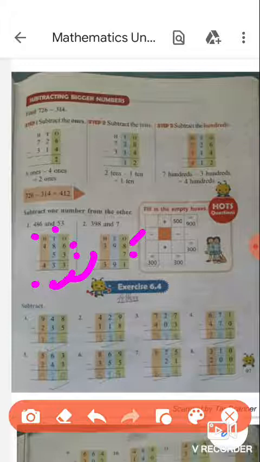When we subtract 7 ones from 8 ones, we get 1. Okay. Now in tens place, there is only 9 tens. So we can write here 9 tens. At hundreds place, there is only 3 hundreds. So we can write here 3. So we will get the answer 391 by subtracting 7 from 398.